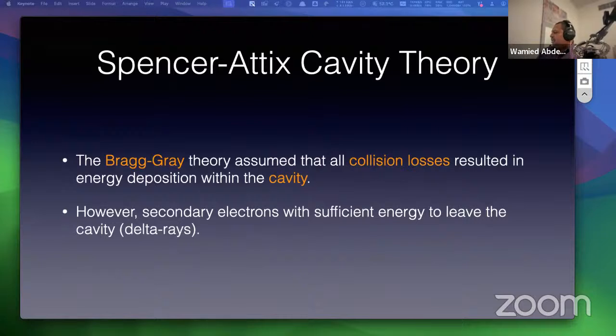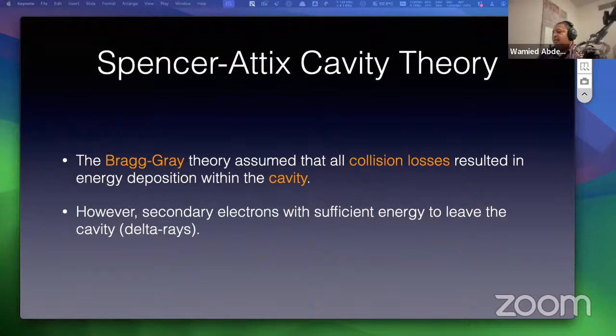The Spencer-Attix cavity theory is the second small cavity theory. In Bragg-Gray cavity theory, there is a problem. As the charged particle crosses the cavity, it is going to interact inside the cavity and produce secondary electrons. Some of these electrons might gain high energy and leave the cavity.